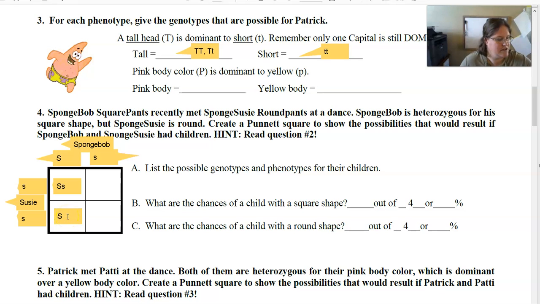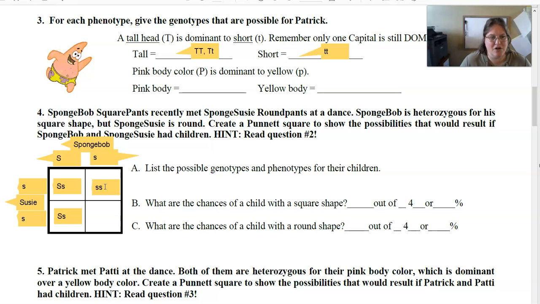I don't know why that just did a capital, but it's supposed to be lowercase. Sorry about that. Now, what is this offspring going to have? This offspring is a little s from the father, and a little s from the mother. Remember, we are predicting.